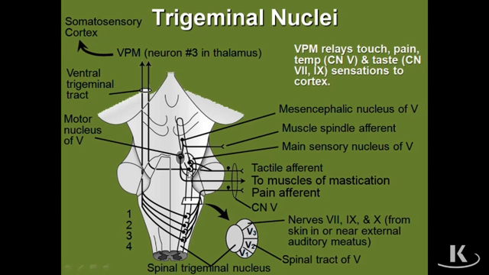Extending below the entry point of the fifth nerve is the elongate spinal trigeminal nucleus that contains second neurons that respond to pain and temperature sensations. These neurons have the onion skin topographic representation as replicated by the numbers over on the left side of this diagram. And then extending above the entry point of the fifth nerve is the mesencephalic nucleus, which we know contains proprioceptive fibers, mainly from muscles of mastication.